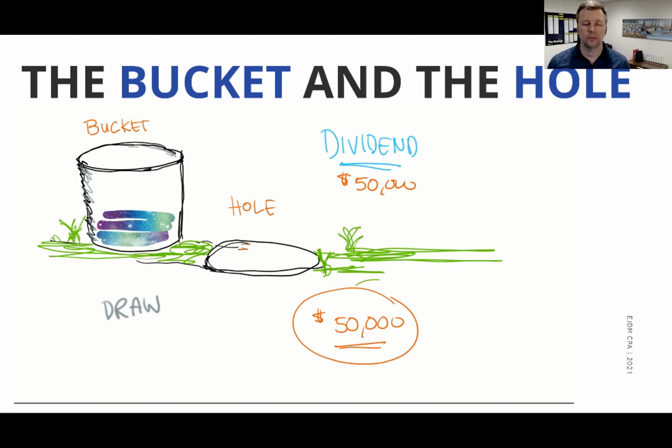That way they can fill in their hole. That's not necessarily great for business, because I'm bleeding my company dry of any of the equity I earn. What I want to be doing is increasing it, building it up for future use. That is my analogy of the bucket and the hole.